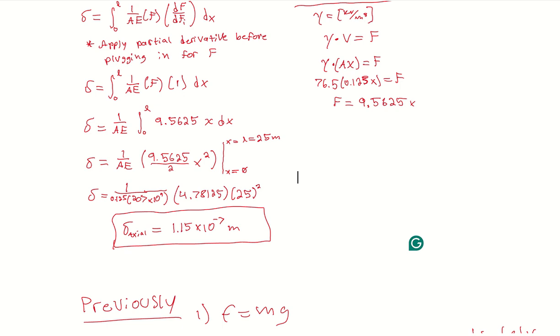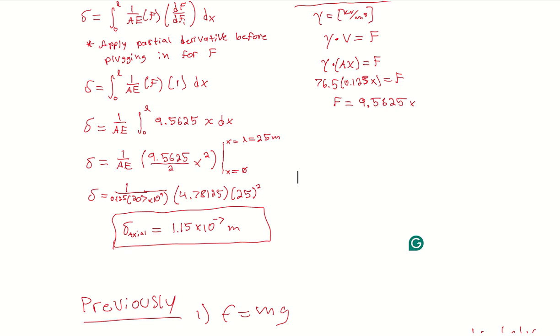Coming down, we will plug in 25, which fully written out will be 1 over A, 0.125 meters squared, times E, 207 times 10 to the 9th gigapascals, obtained from the tables in the test for plain carbon steel, multiplied by the 9.5625 over 2, times the 25 squared.